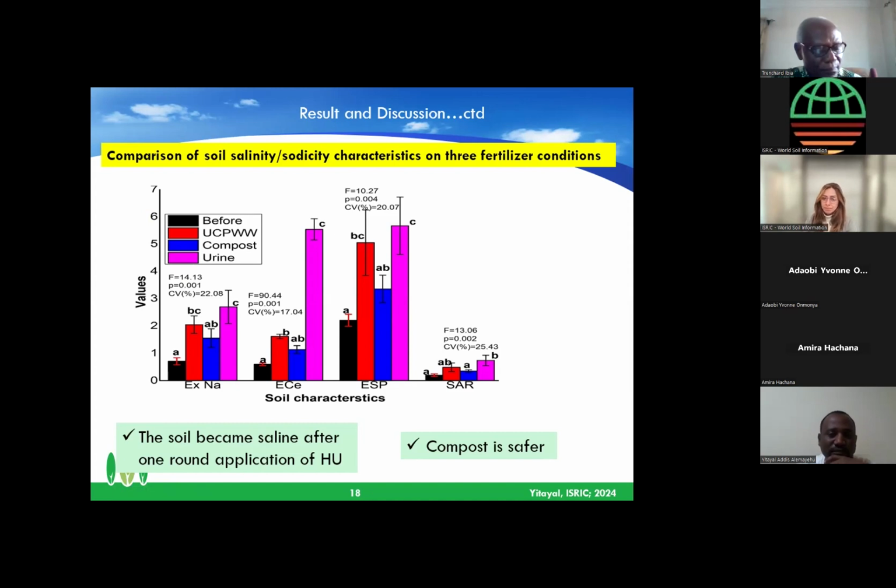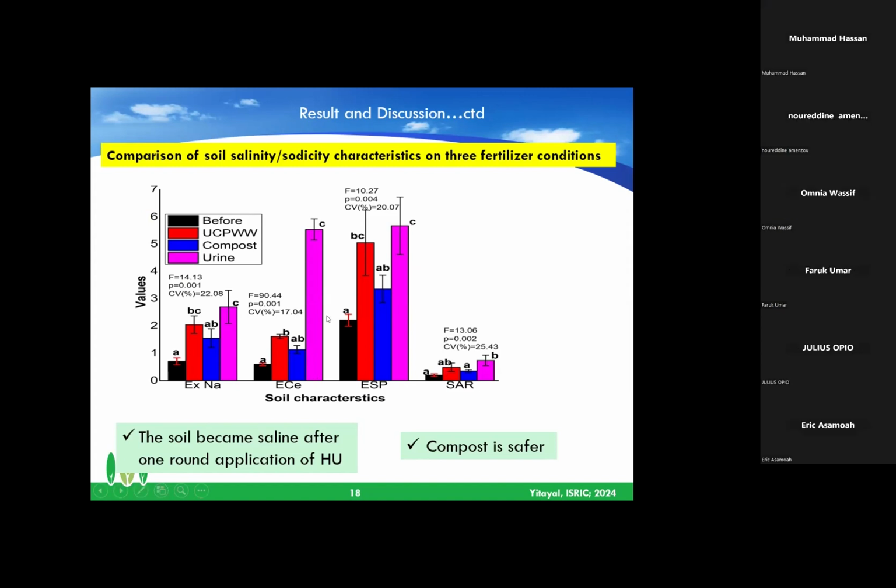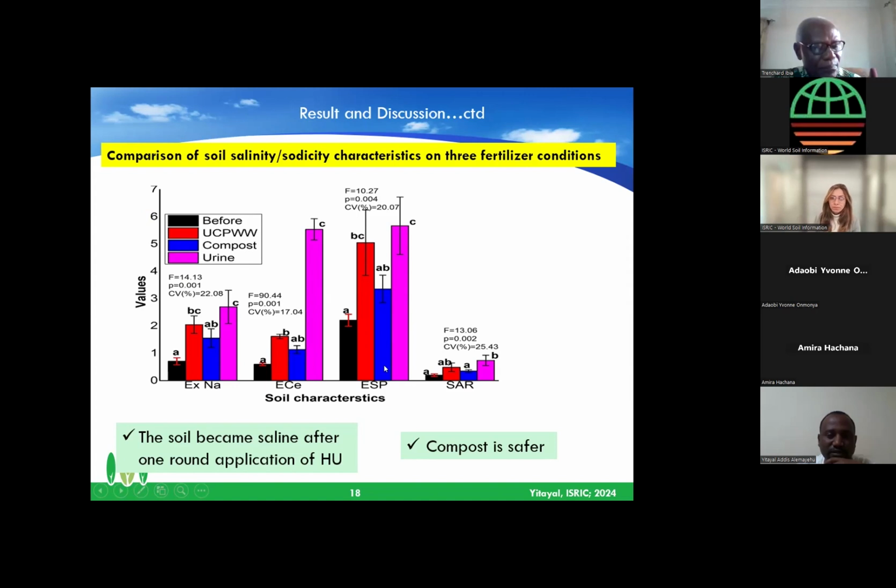As you can see, using urine only as a fertilizer will increase the exchangeable sodium, the electrical conductivity, and the exchangeable sodium percentage more than the other fertilizers. That means the possibility of the soil becoming saline is high, especially when this fertilizer is repeated.